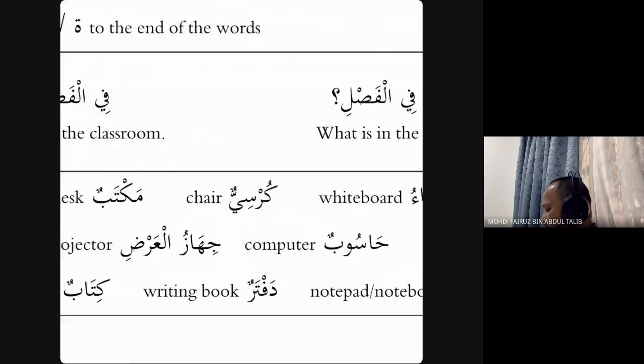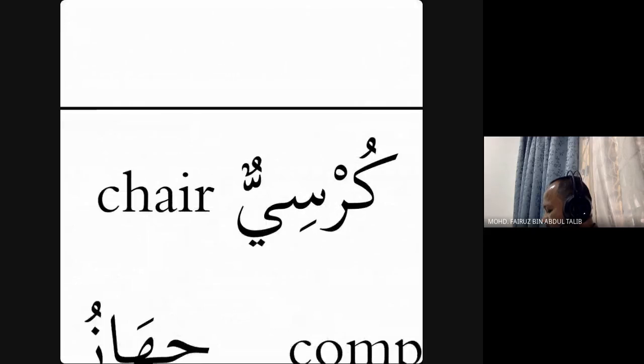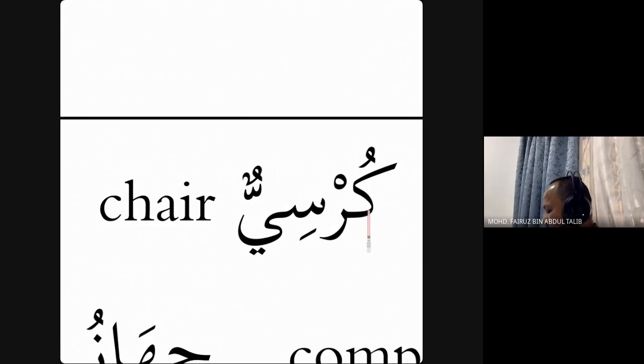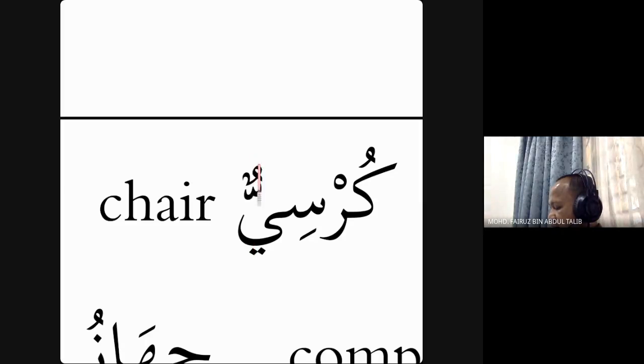The third object is the chair. To say chair, the word is kursiyun. Kursi. You can ignore the ending and just say kursi. So kursi is chair, one chair. All items I listed here are singular, for one.